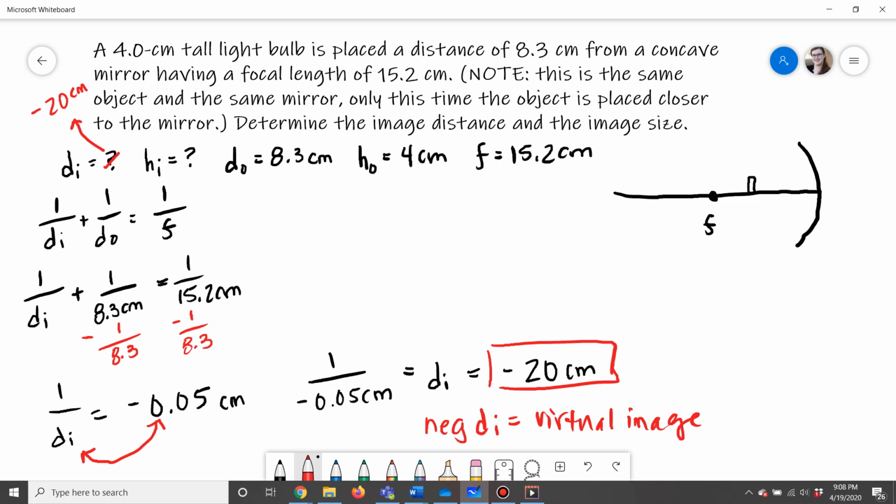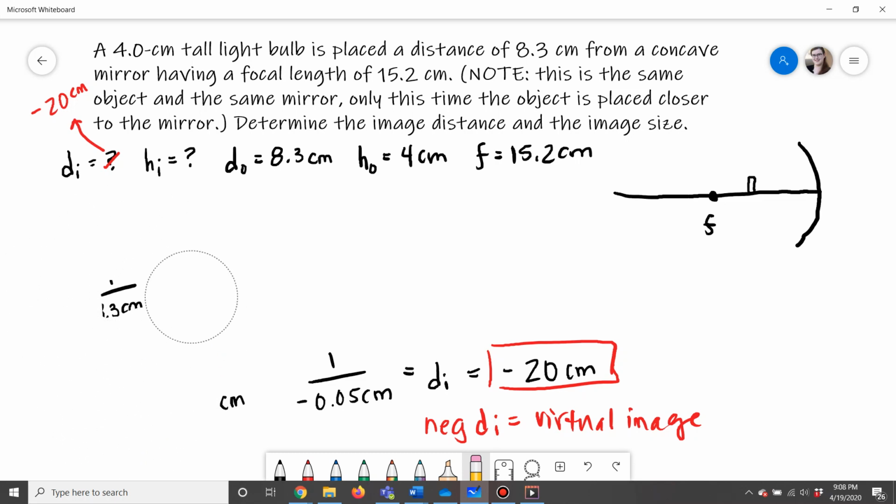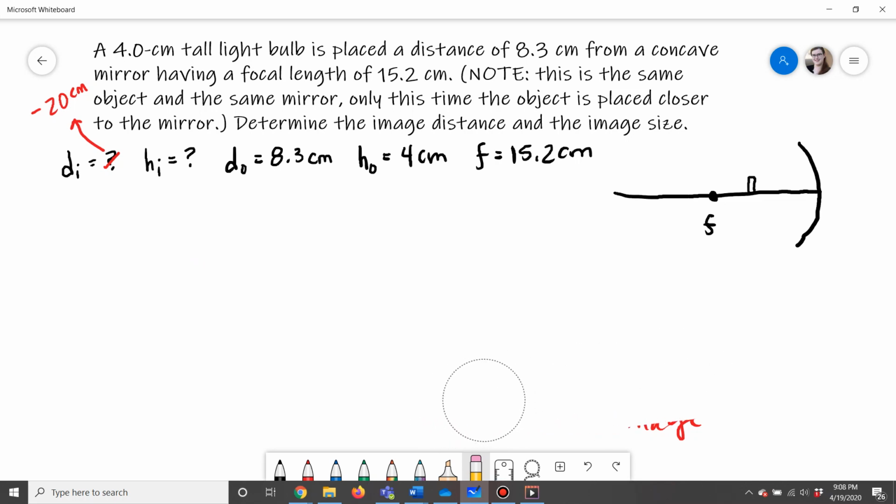Make sure you get all this down. I'm going to go ahead and erase, and we're going to solve for our image size or our image height. They mean the same thing. Okay.